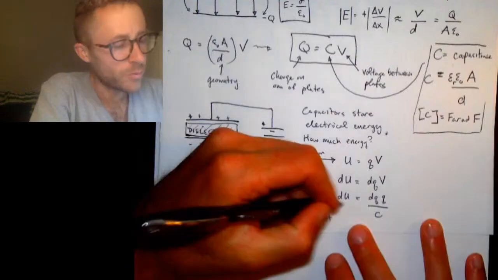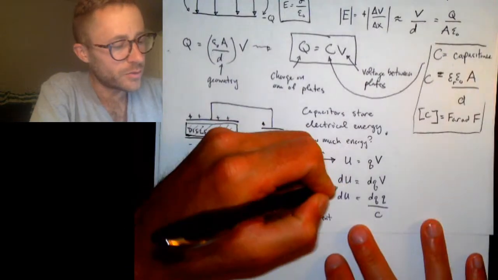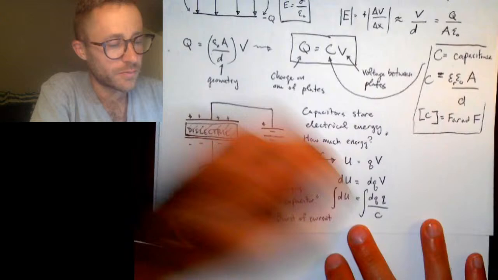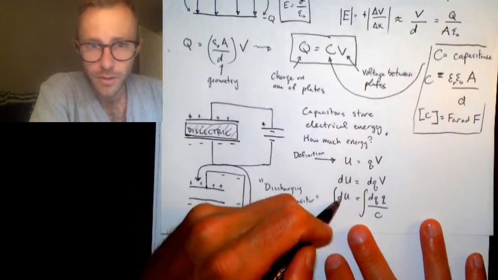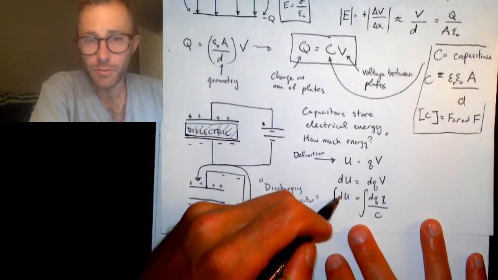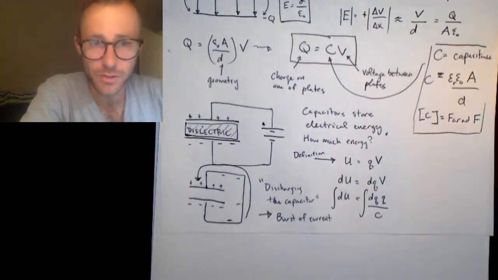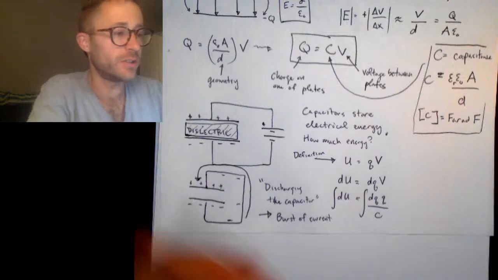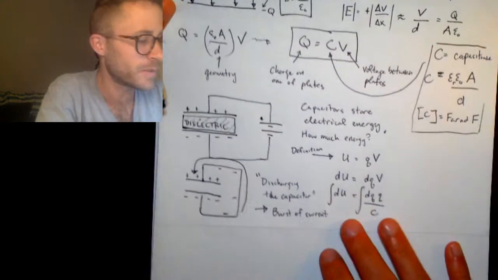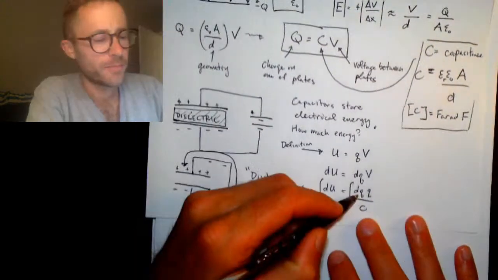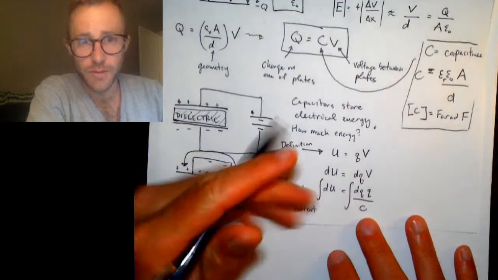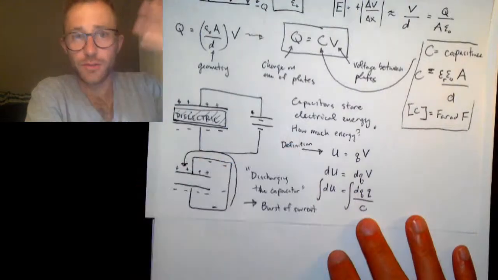Then we simply integrate both sides, because we add up all of those tiny energy amounts to get the total amount of energy stored in the capacitor. This is just like the integral of x dx, which is x squared over 2.